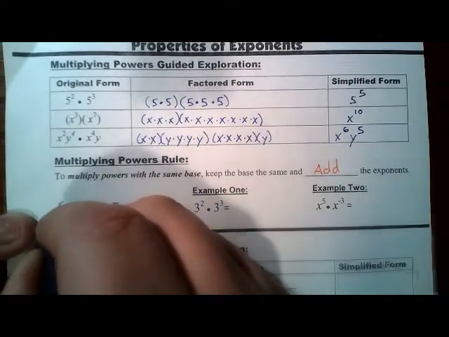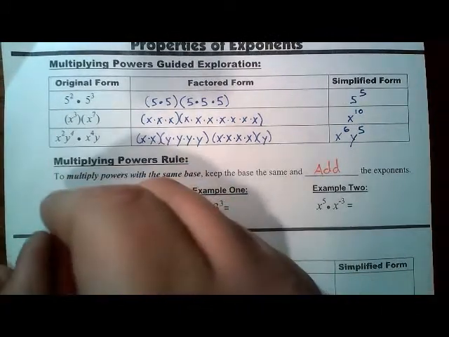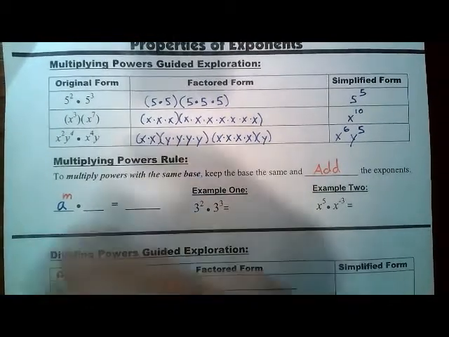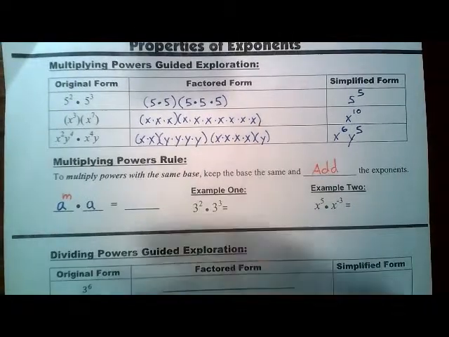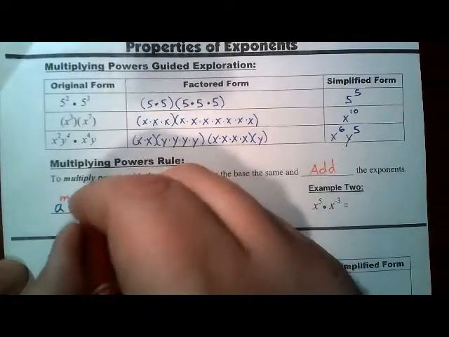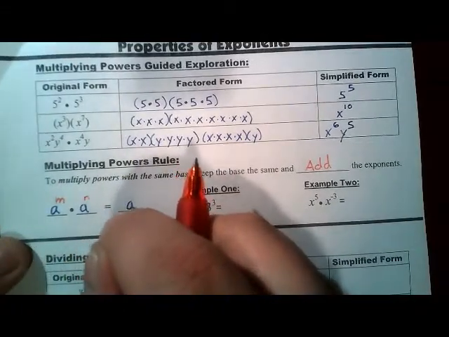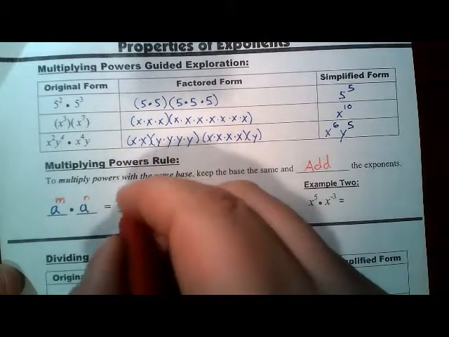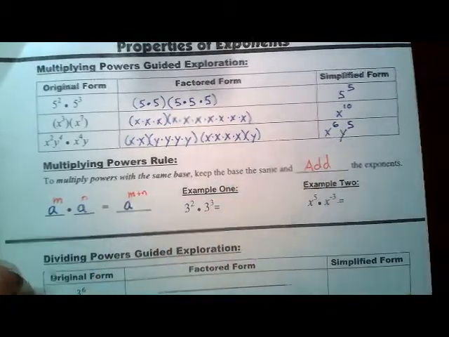And as a general rule, we use variables: a to the m times a to the n is equal to a, right? The base stays the same, and it's the sum of the exponents. So I'm adding the exponents together, m plus n.